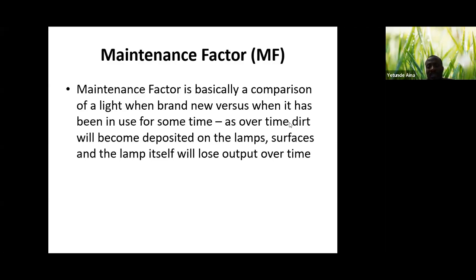Based on research and experience over the years, it has shown that as time goes on, dirt will become deposited on the lamps and the surfaces, and the lamp itself will lose output over time. Therefore, there is a need for comparison of that light when it is brand new and when it has been in use for certain time. So that is what we call the maintenance factor, which is MF.